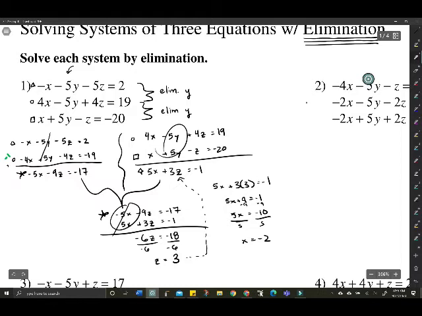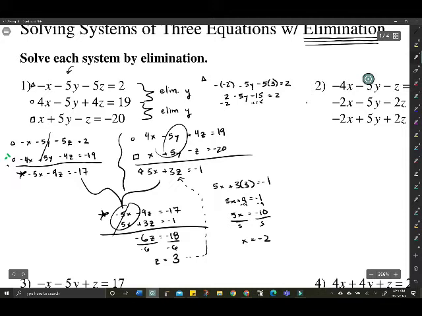So with x and z, you can go way back to the top and plug them into any original equation to find y. So I'm going to use the first equation: negative of -2, minus 5y minus 5 times 3 equals 2. That's 2 minus 5y minus 15 equals 2.